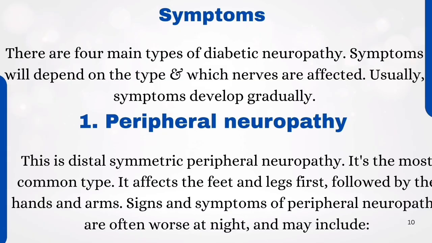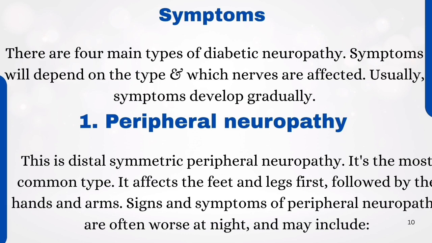Symptoms. There are four main types of diabetic neuropathy. Symptoms will be depending on the type and which nerve are affected. Usually, symptoms developed gradually. Peripheral neuropathy. This is a distal symmetrical peripheral neuropathy. It is the most common type. It affects the feet and legs first, followed by the hands and arms.